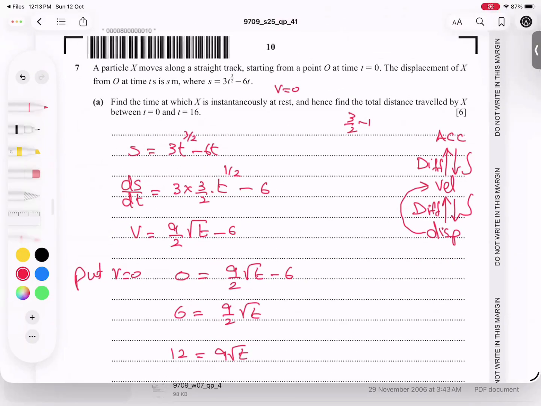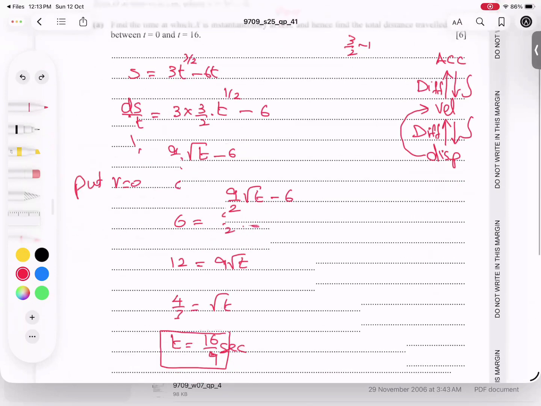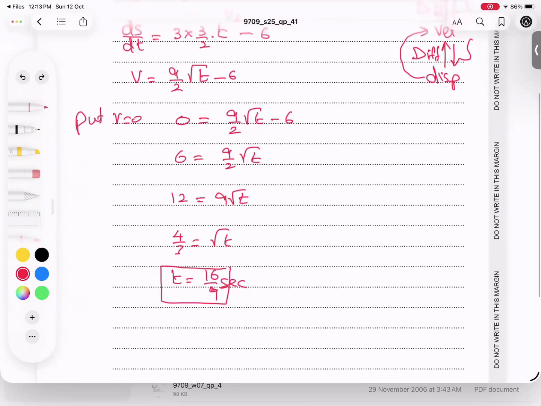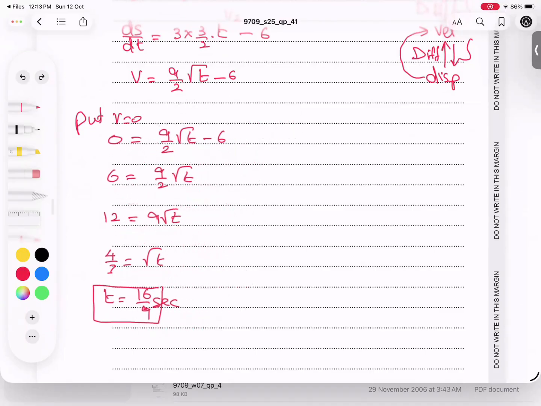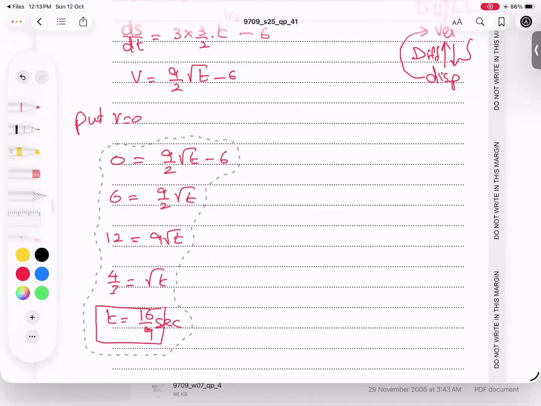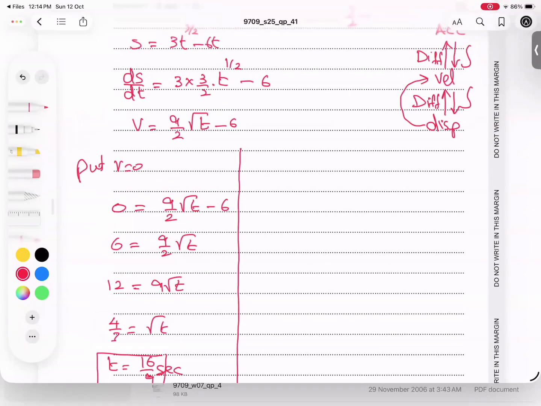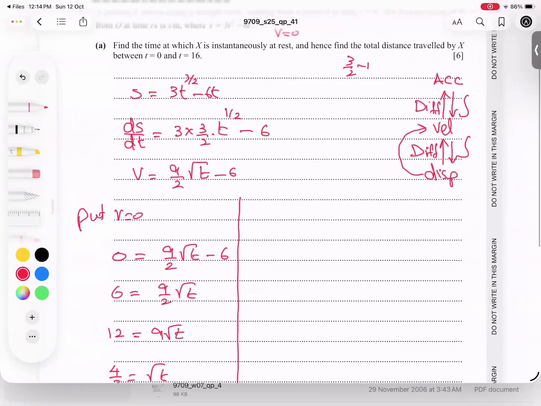Okay, what is it asking next? It asked for the time, we have done it. Second part, find total distance. This is the important part here, so have a look. We want distance traveled from 0 to 16.